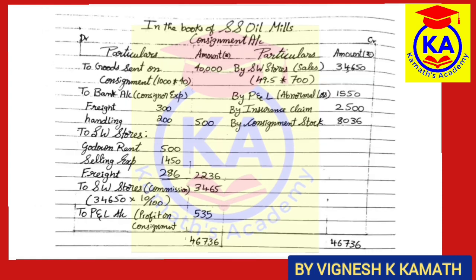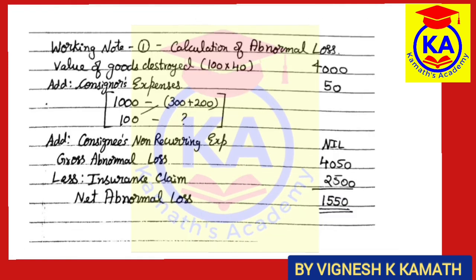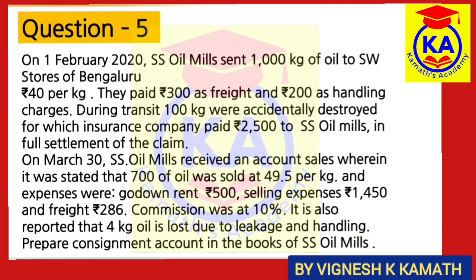The consignee has not made any expenses up to the goods being destroyed in transit, so we should not consider anything. It is nil. If you add 4000 plus 50, that is 4050. In the question, it is given that they have received an insurance claim of 2500.